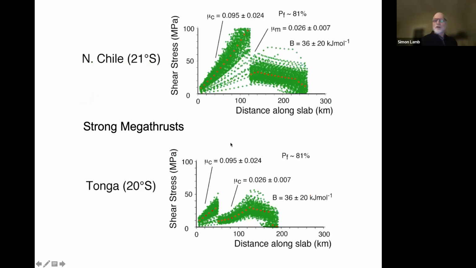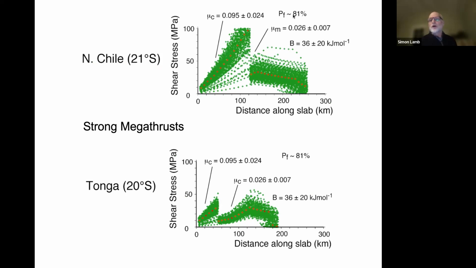But if you go to the central Andes, where you've got this very high range, this is an outlier where you've now got a coefficient of friction of nearly 0.1. As I say, this is unusually high, with a lot of strength in the mantle part, and still incredibly wet. You've got a pore fluid pressure of about 80% lithostatic.